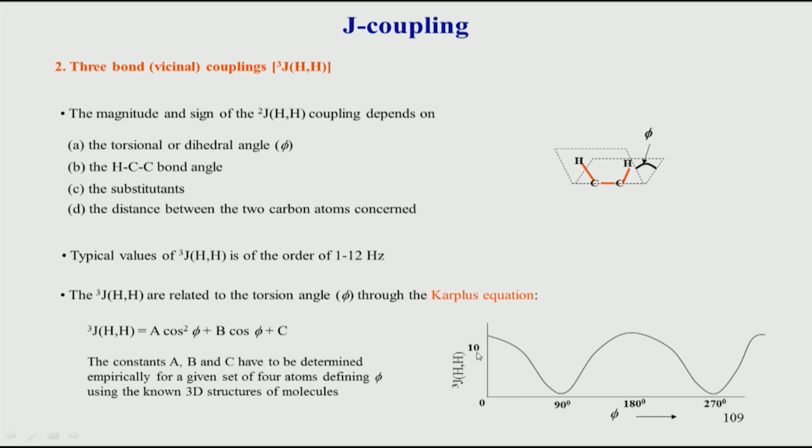So, there is always a degeneracy, which is shown here. For example, this particular J value, say 6-7 hertz, you see it has 2 or 4 possible solutions. Of course, they are related by 180 degree rotation, but you can see there are two possible values which will satisfy this J coupling.